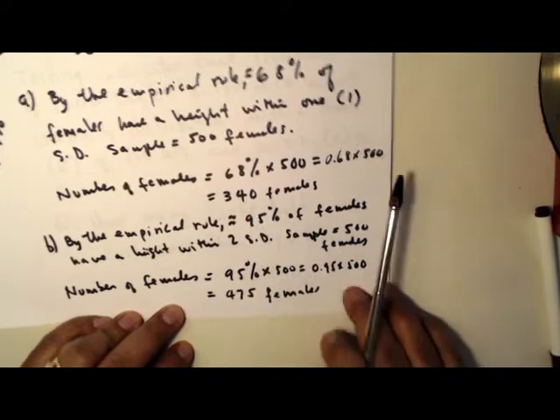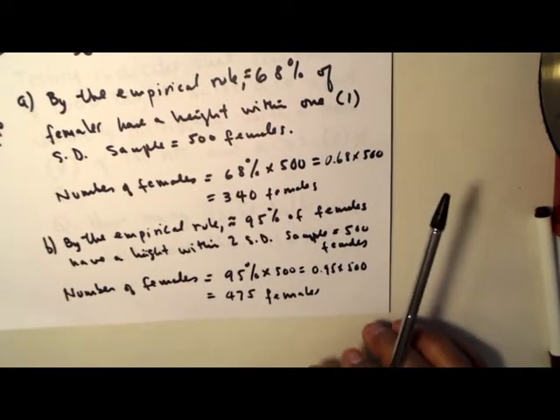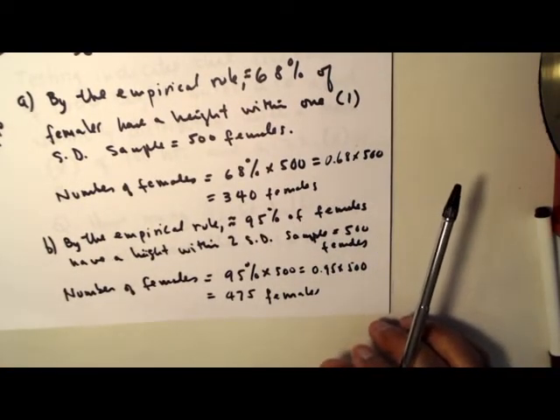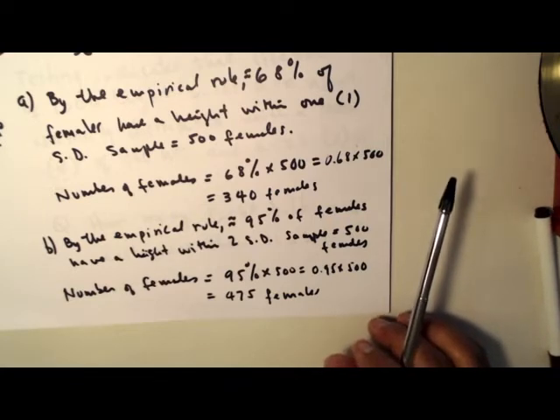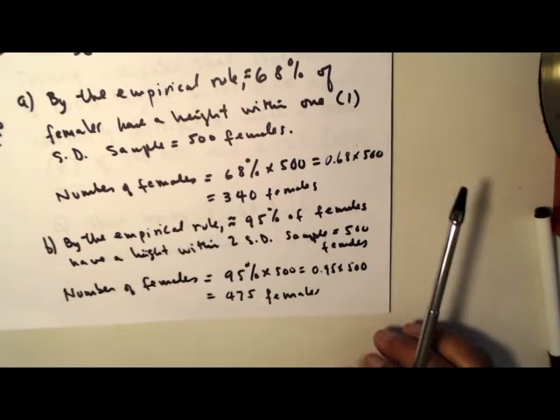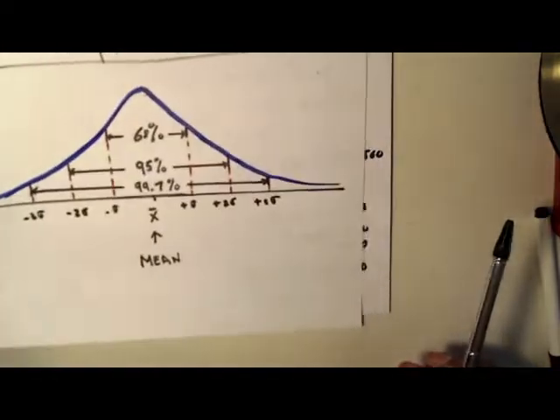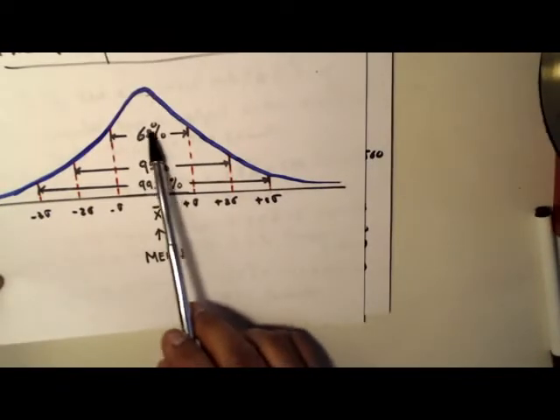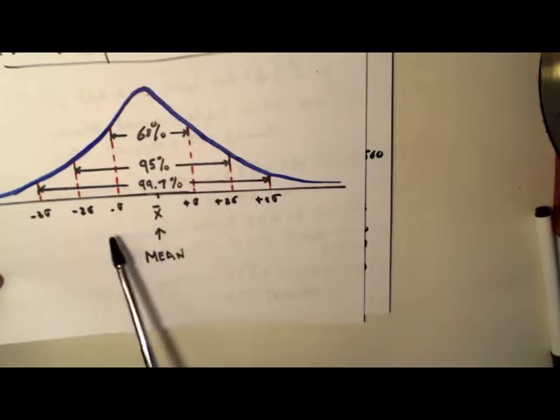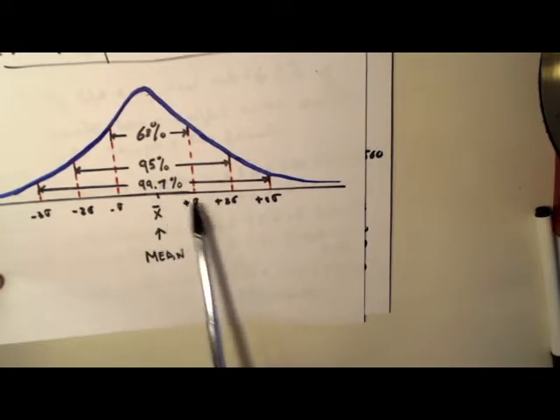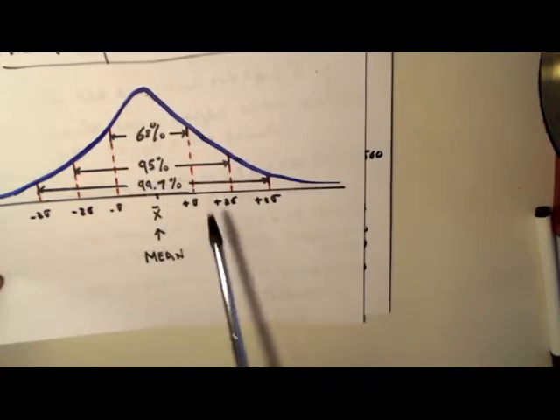So make sure that you pay very close attention to the empirical rule. It is something that you need to know in your mind, right? Where we get the 68% is for within 1 standard deviation, and for 2 standard deviations it will be 95%. So this is where these percentages are coming from.